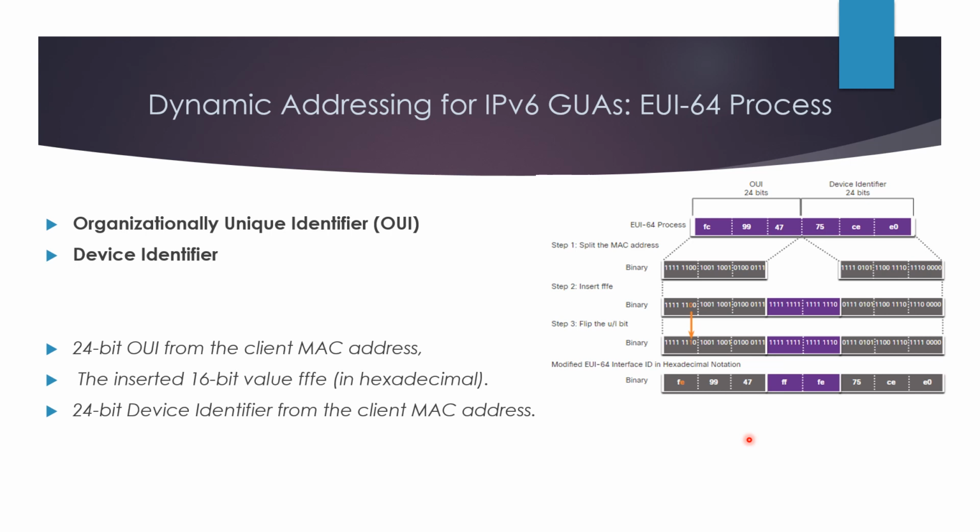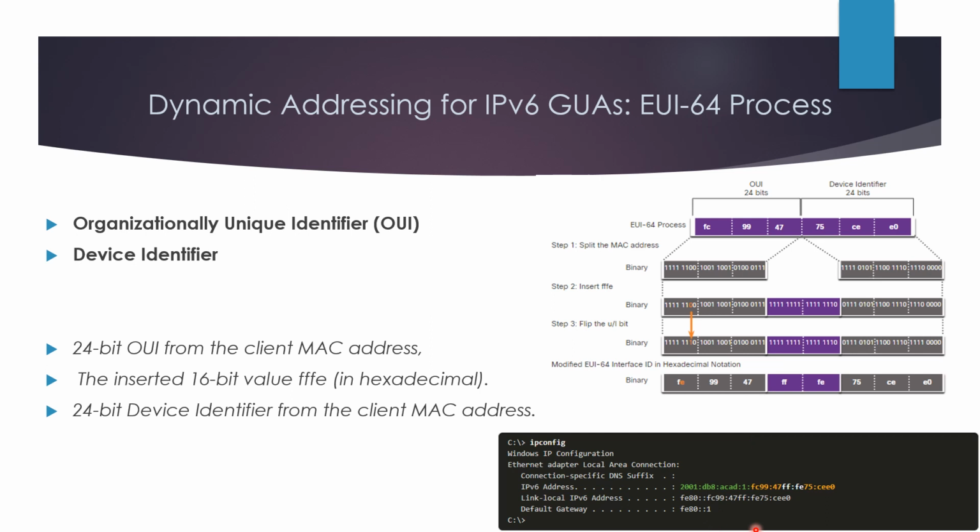Every time you use the ipconfig command to show the IPv6 global interface, you will understand that it has been dynamically created using the stateless address auto configuration and the extended unique identifier 64 process by checking the IPv6 address.